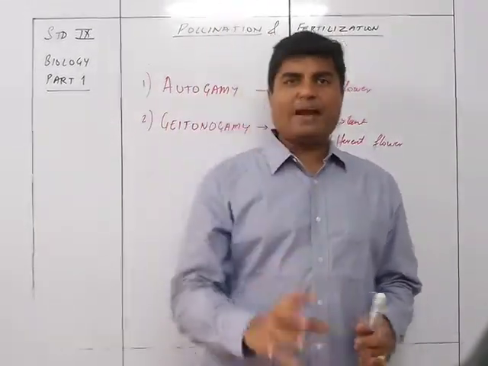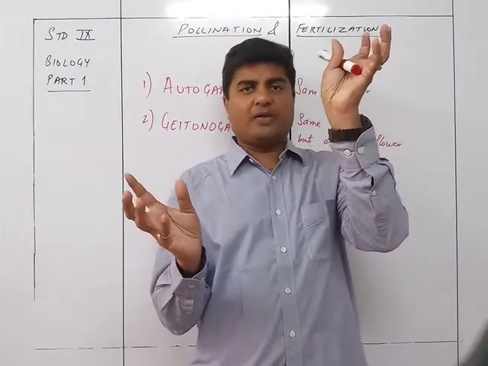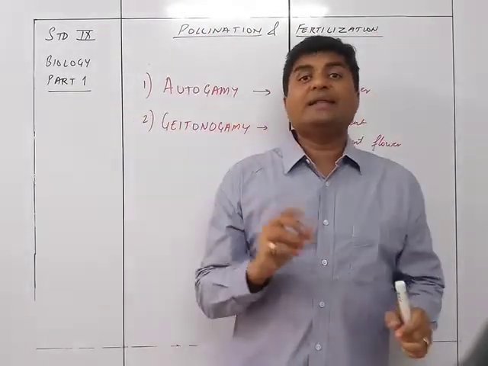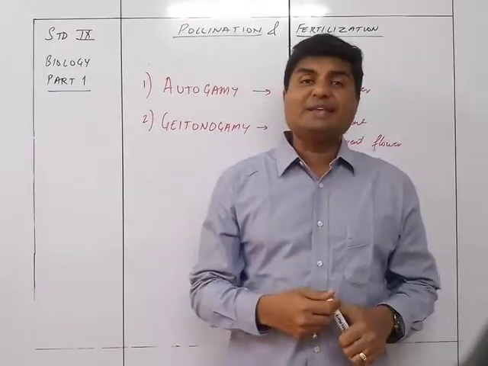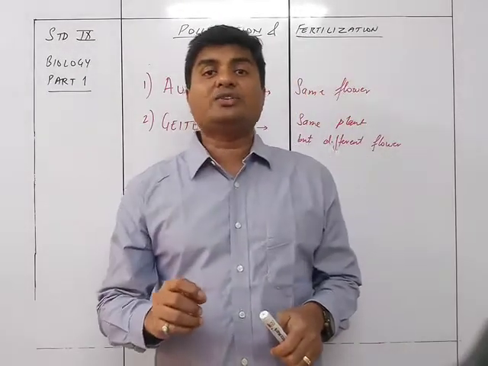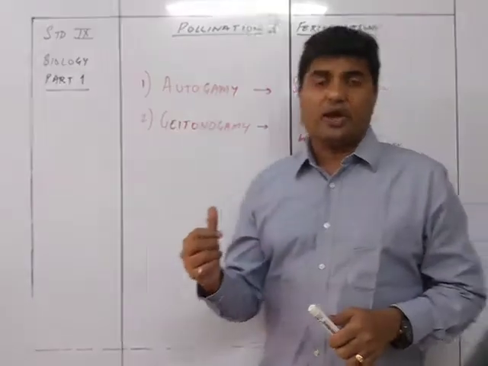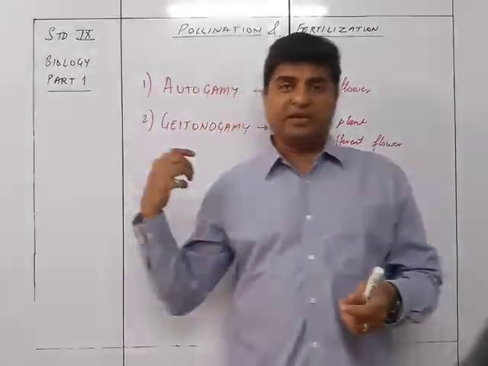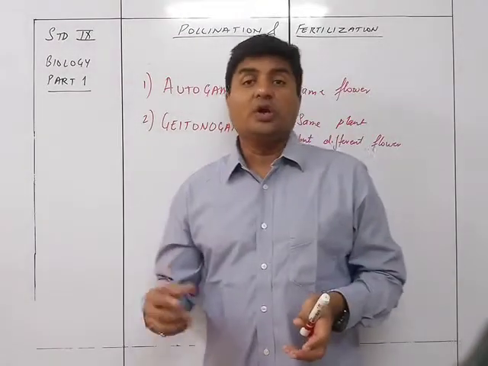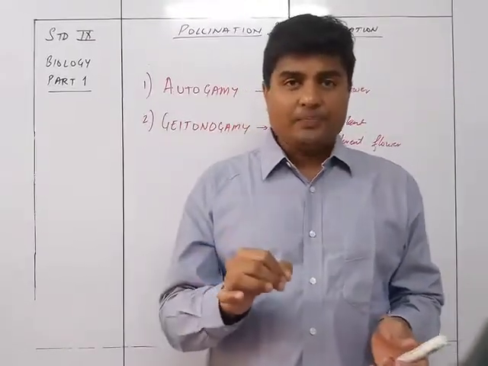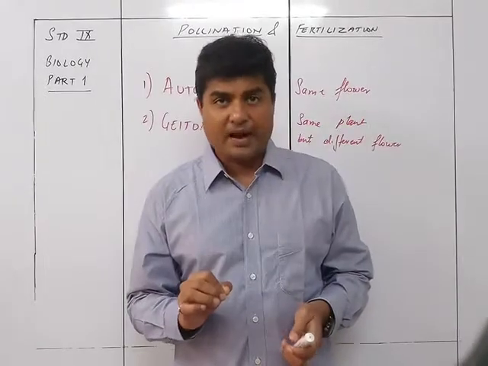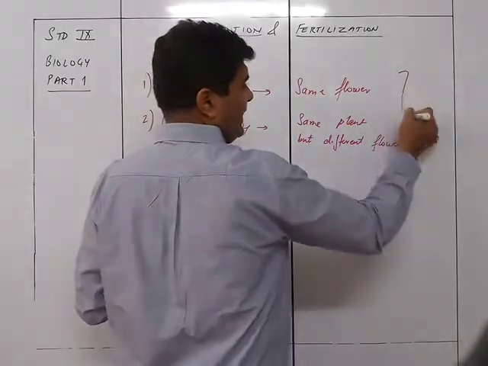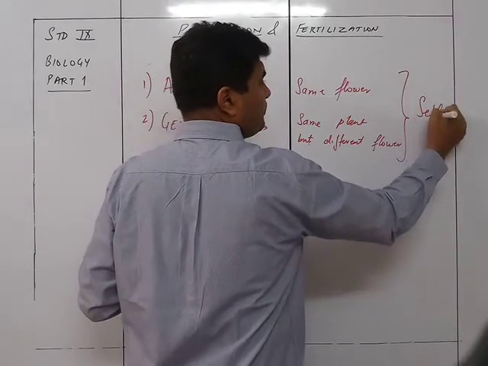Okay, on the same plant here is one flower, here is another flower, and the pollen grains fall from here and settle on the stigma of this one, then that kind of pollination is again self-pollination, but it is called geitonogamy. Geitonogamy means pollination taking place within the same plant but between different flowers of the same plant. Both these are examples of self-pollination.